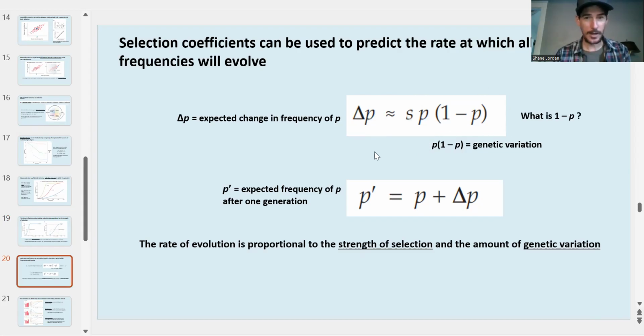Now, again, don't get lost in the math, but basically, we're thinking about this allele being represented by P, like we saw in the Hardy-Weinberg equilibrium. And then the other version of the allele is 1 minus P, which is really just Q. The product of P and Q represents the amount of genetic variation that a population carries.